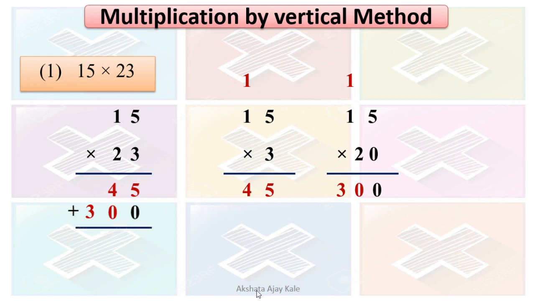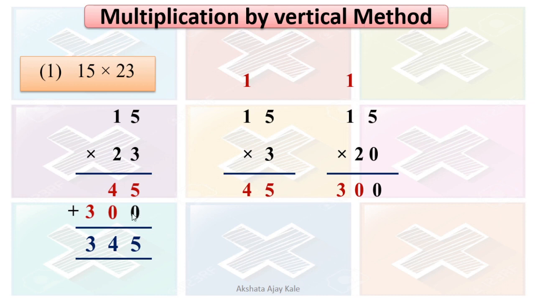Now what we will get, we'll see 5 plus 0, that is 5. 4 plus 0 is equal to 4. Now here only 3 is there, so 3. Right? So our answer is 15 multiplied by 23 is equal to 345. Got this, children? This method you have to follow while doing multiplication by the vertical method.